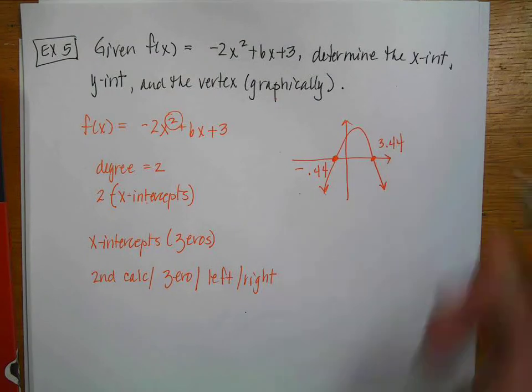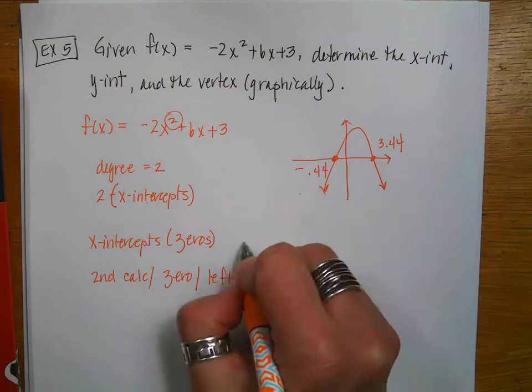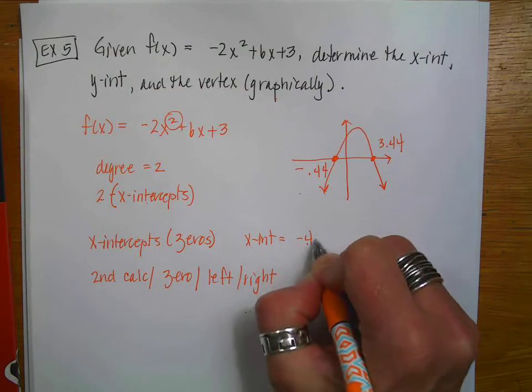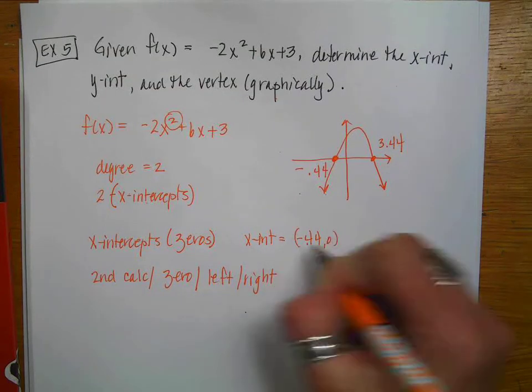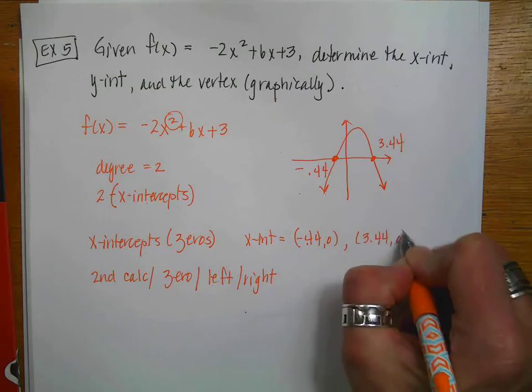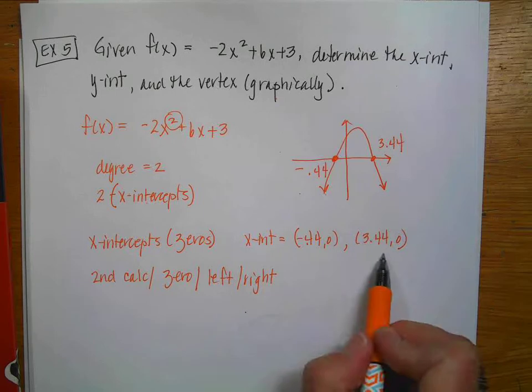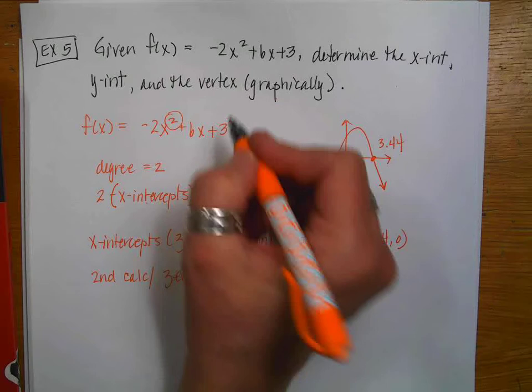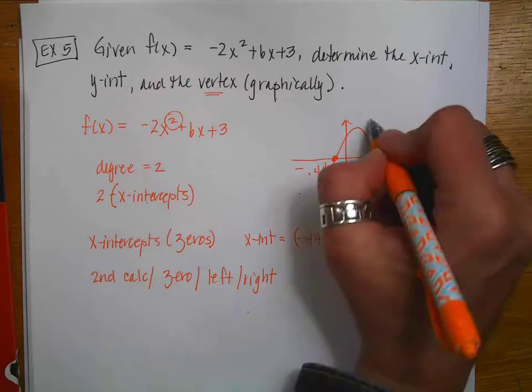And it's showing me that that one is 3.44. So now I'm going to report my x-intercept, and it's always reported as an ordered pair, so it's going to be 3.44 and 0. Okay, so those are my x-intercepts, and I found both of them in my calculator.